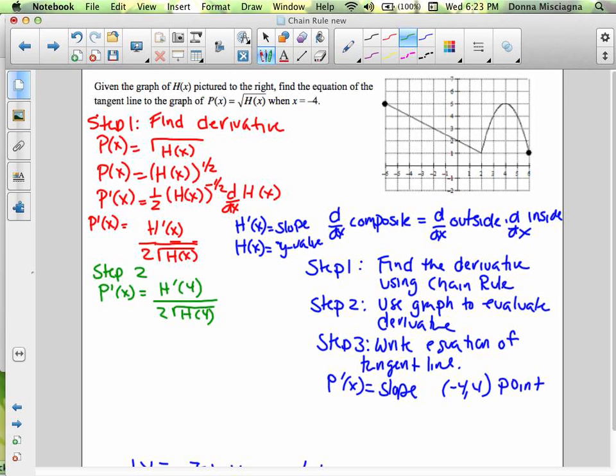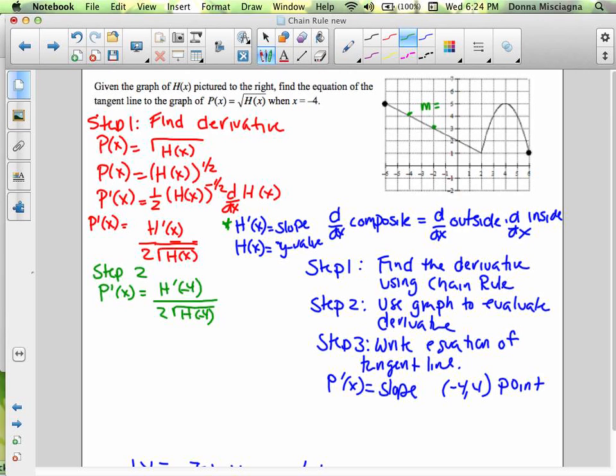All right, so p prime is going to give us the slope. To find the slope, we're going to need to find the value of the function. Here I'm reading from the graph. H prime of x is the slope, and h of x is the y value. So we just need to find the slope when x is negative 4, and then find the value of the function. This is pretty easy because it's linear.